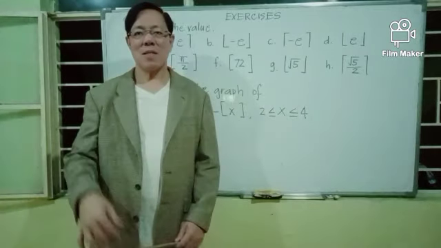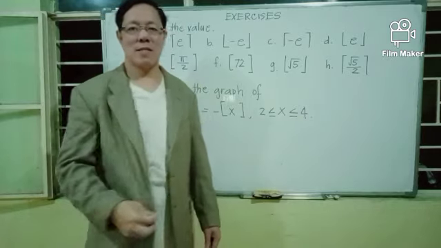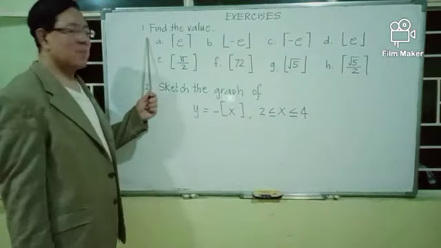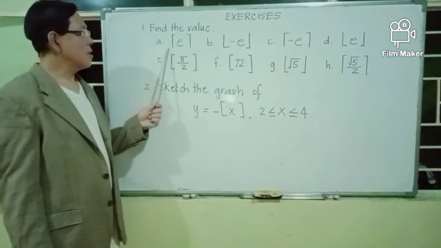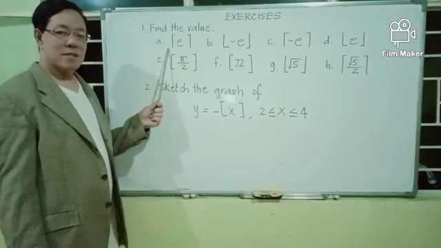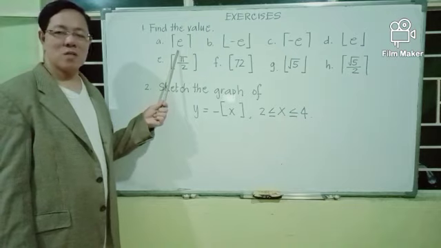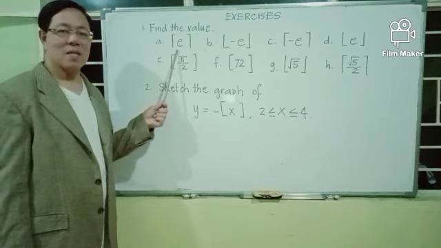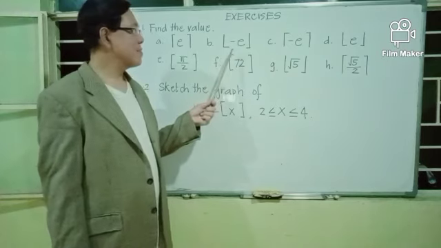For your practice and assignment, please try the following exercises. Number 1, find the value of each of the following. Letter A, you have the ceiling of e. e is an irrational number and it's approximately 2.7 something. B, you have the floor of negative e.